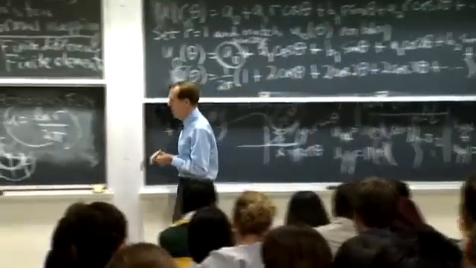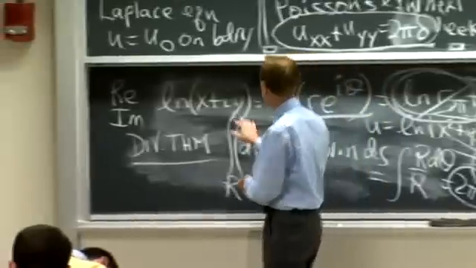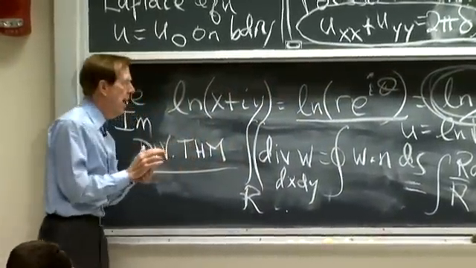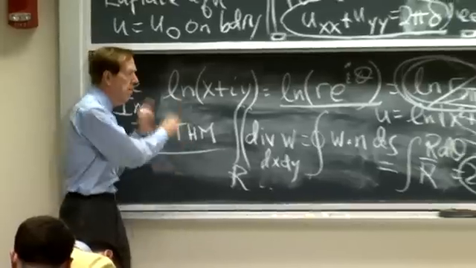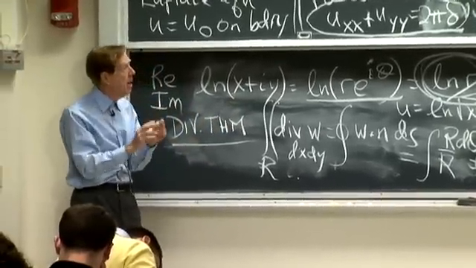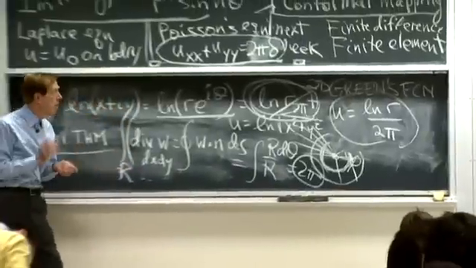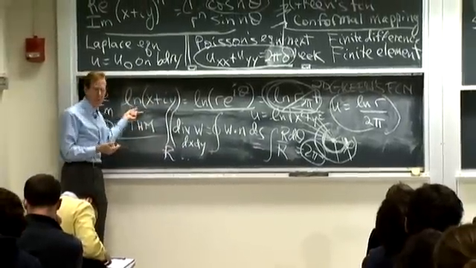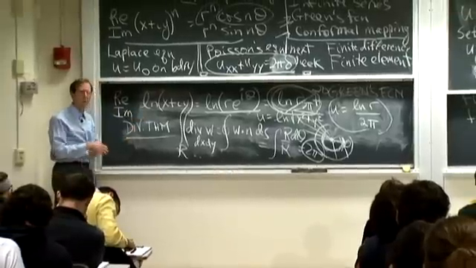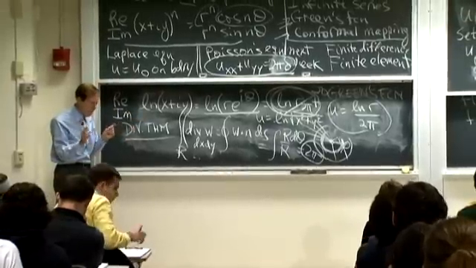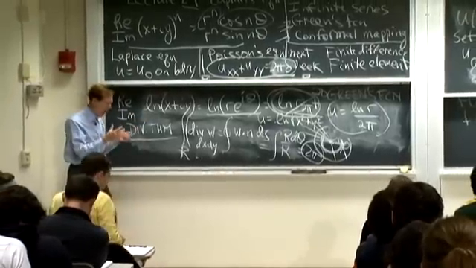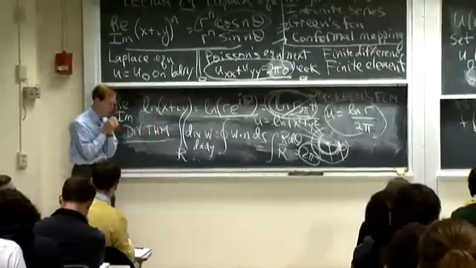The second method is to look at functions of x plus i y, and try to pick one that matches your problem. And if your problem has a point source at the origin, we found the one. So the literature for hundreds of years is aimed at solving other problems.